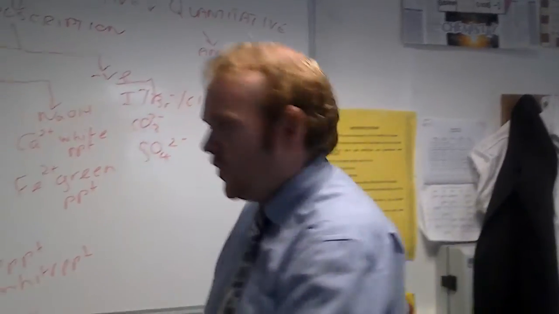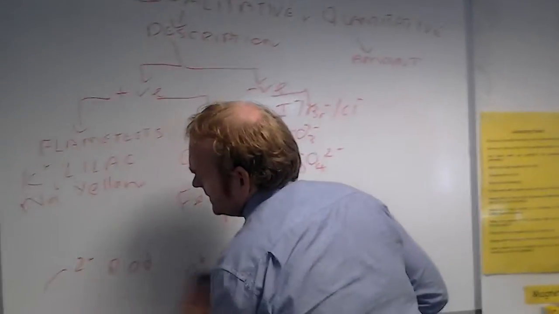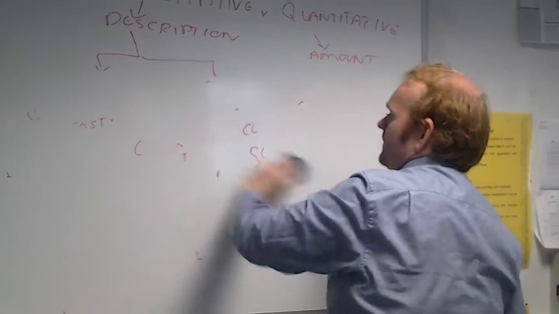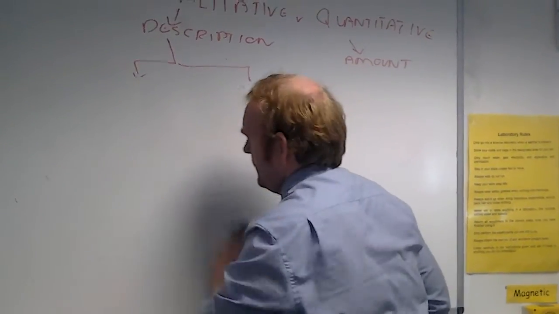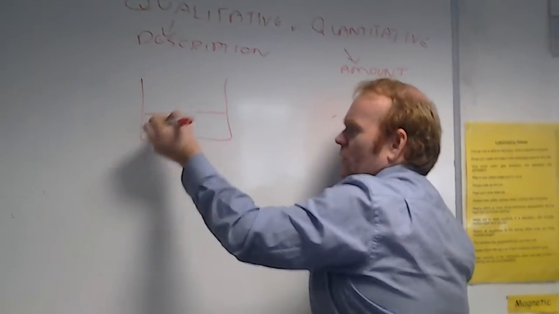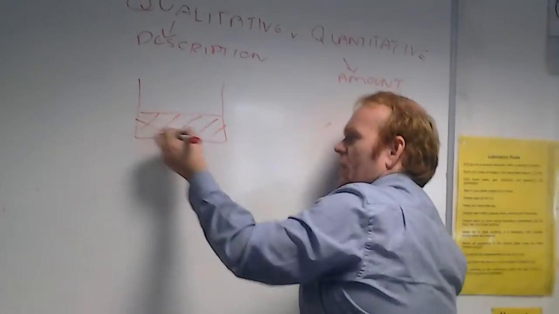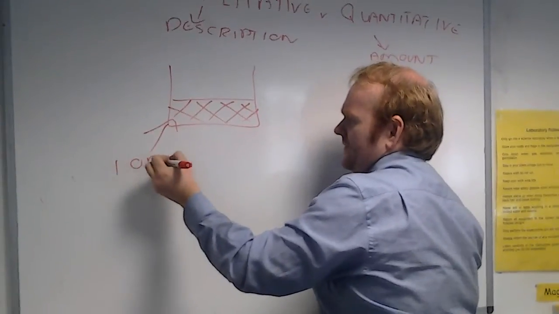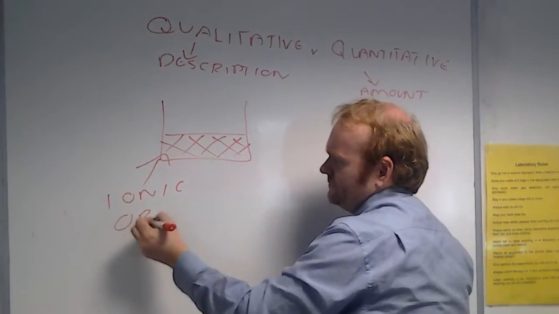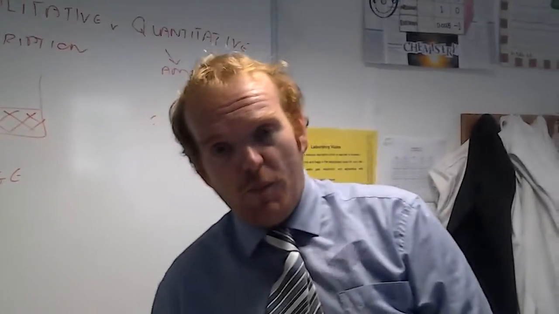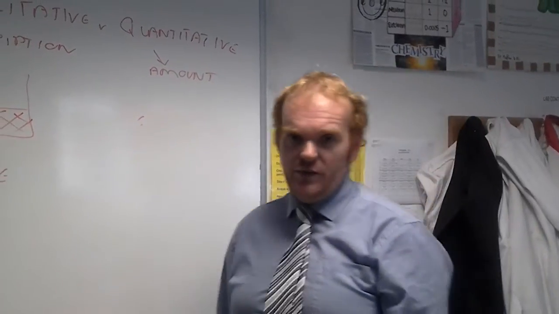Now we can look at an example material. For example, I could give you a substance and you didn't know what it was. The only information that you had was that it was ionic and it was orange. From that, you would need to think, what positive ion was there, what negative ion was there.